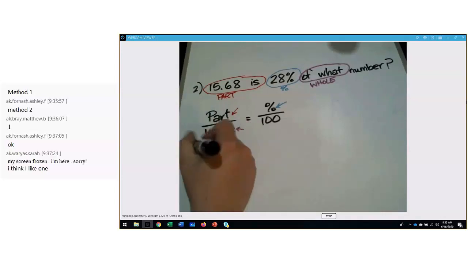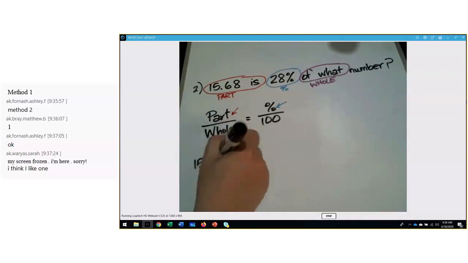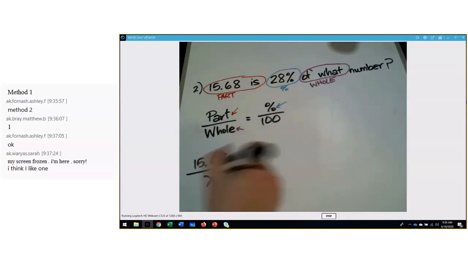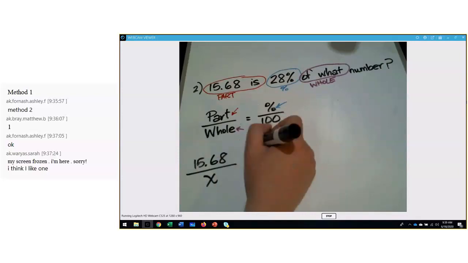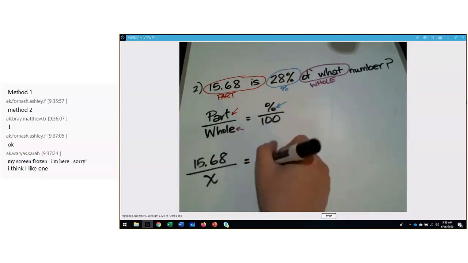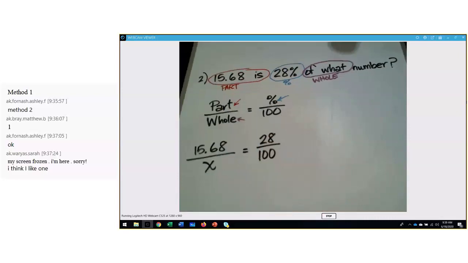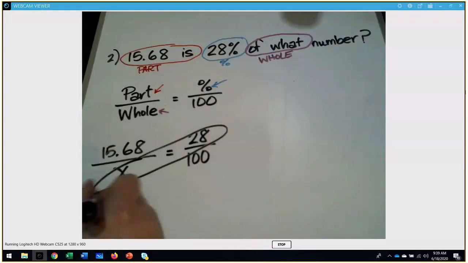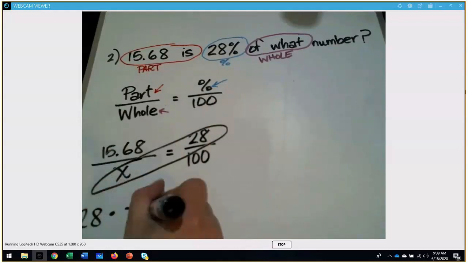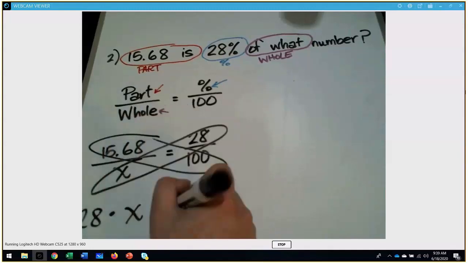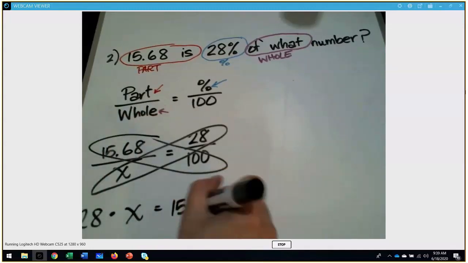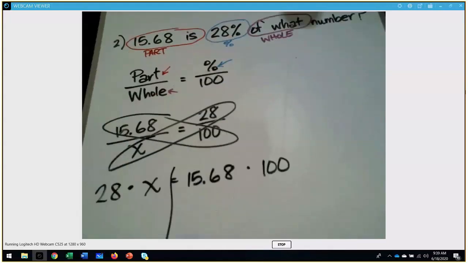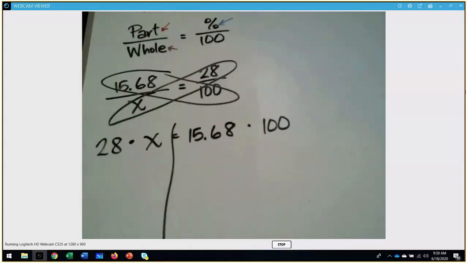15.68 will go up in the top over the x equals the percent over 100. Here's our proportion. Then we're going to cross multiply. 28 times x equals 15.68 times 100. And then we'll solve it.